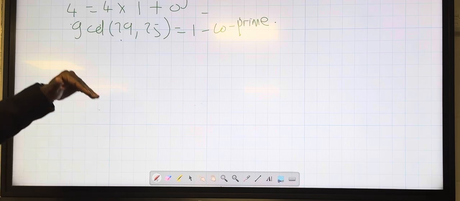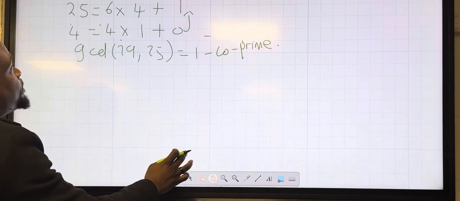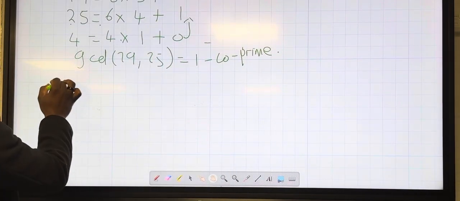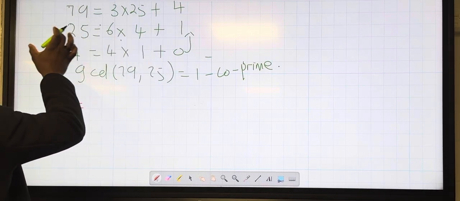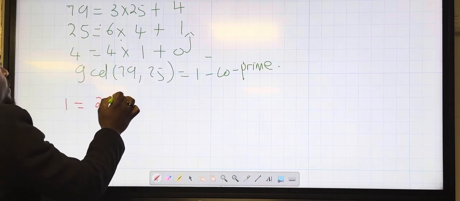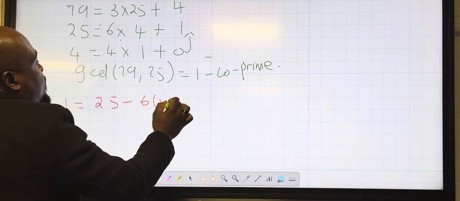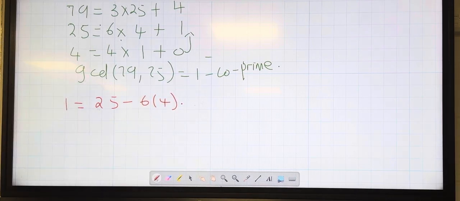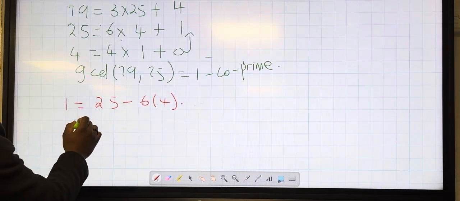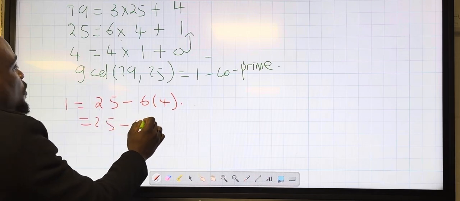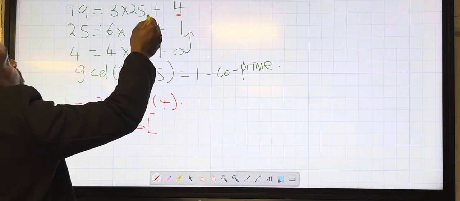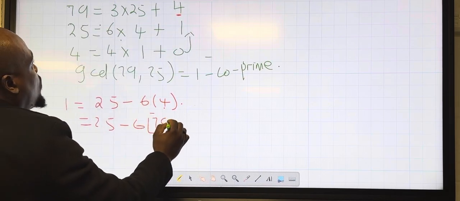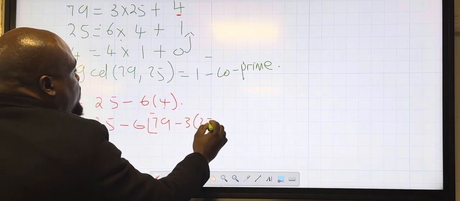So because these numbers are co-prime, we can now redo the Bezout identity. We can go backwards. Let us express 1 in terms of these numbers. So 1 is equal to 25 minus 6 times 4. At the same time, 4 can be expressed as 79 minus 3 times 25.